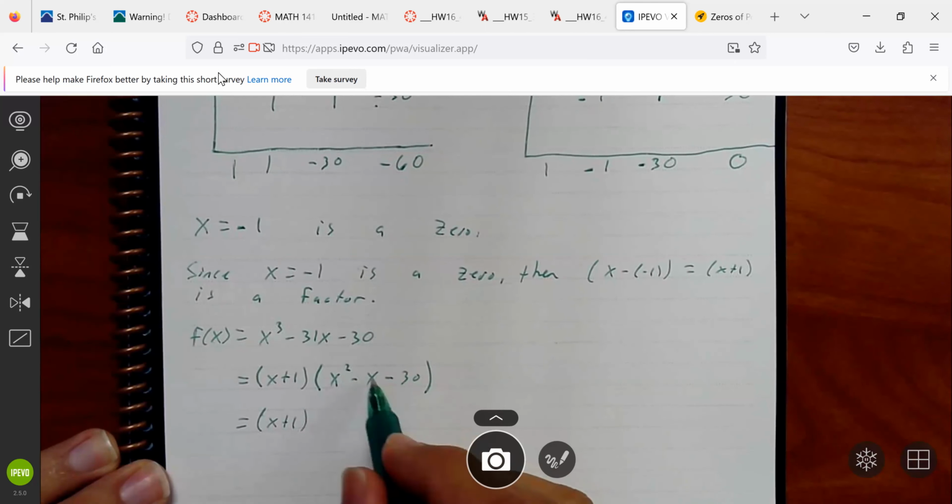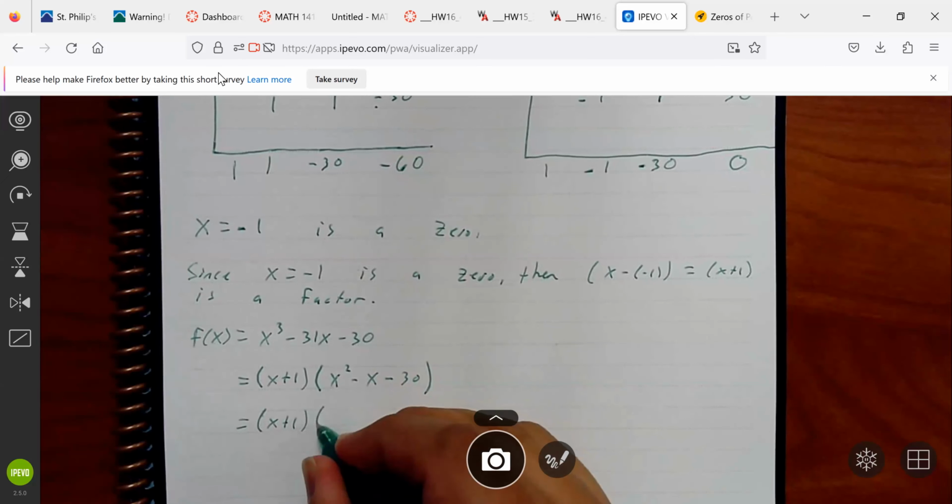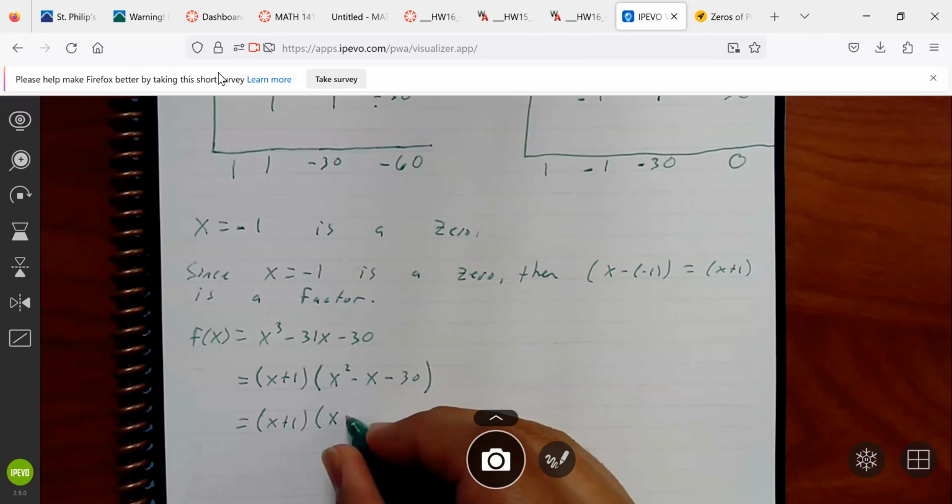This guy right there, the quadratic part? Yeah, it looks like it, right? Yep.